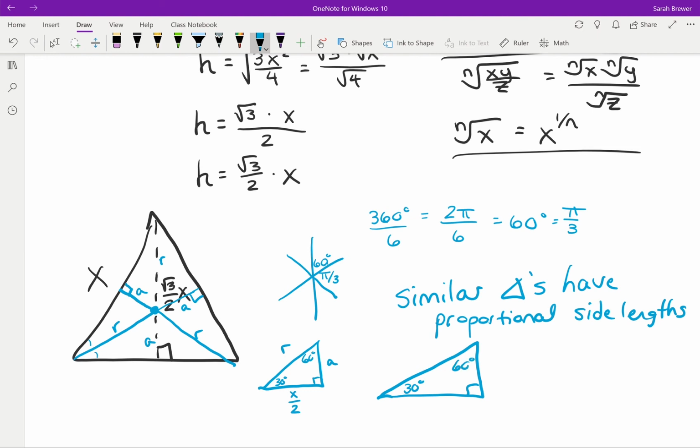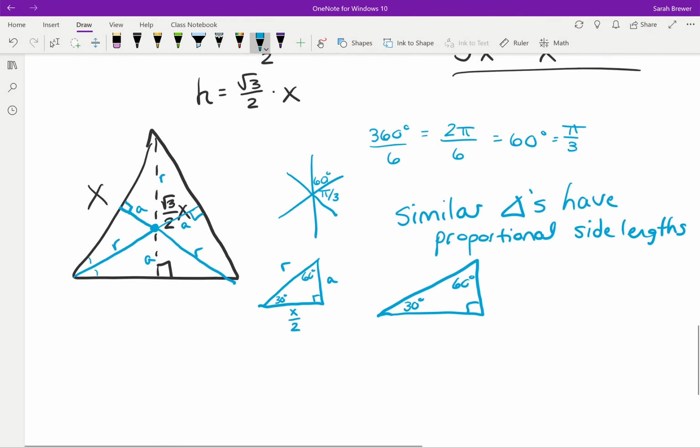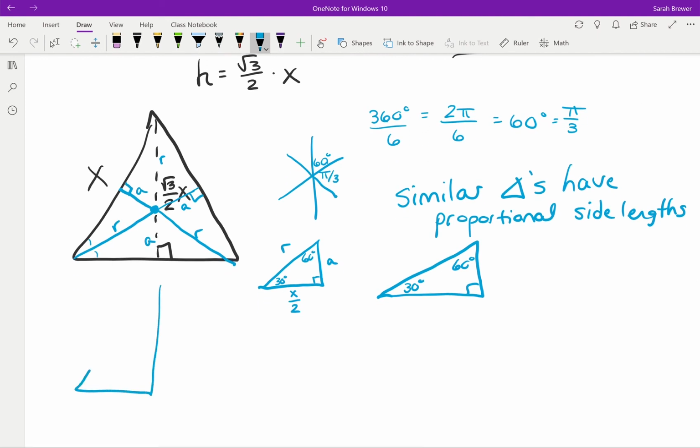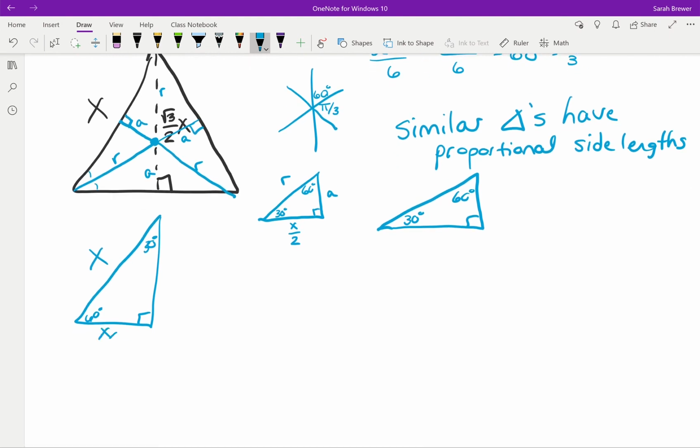So if we look at our big one with hypotenuse x, let me redraw this over here. So there's my 30, there's my 60, there's my 90. So I have hypotenuse x, side opposite the 30, x over 2, and side opposite the 60, root 3 over 2 x.